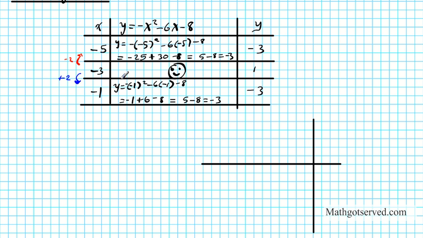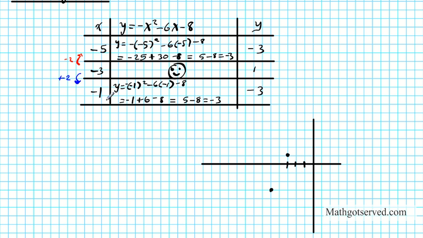Our vertex is negative 3, 1. So 1, 2, 3, negative 3, and then 1. That goes the vertex. And then I have negative 5, negative 3. So 1, 2, 3, 4, 5, 1, 2, 3, negative 5, negative 3.